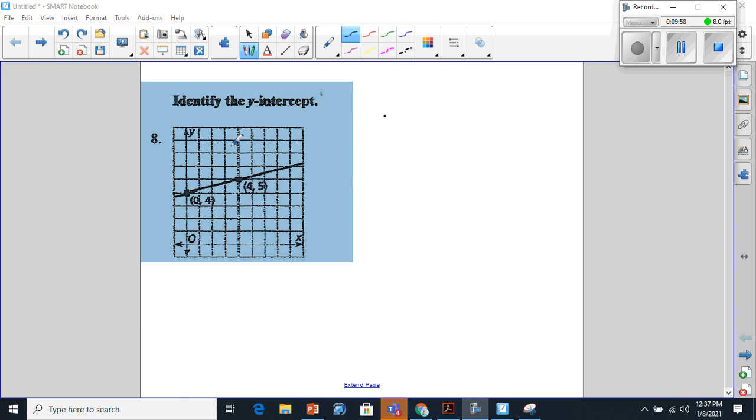All right, number 8 says we're going to go ahead and identify the y-intercept. The y-intercept is where the line goes through y. Over here, I see the y is crossing with my x. This one says 4, 5, and this one says 0, 4.